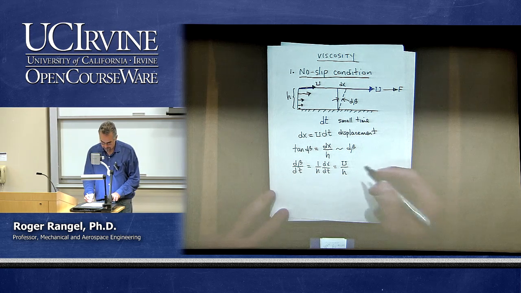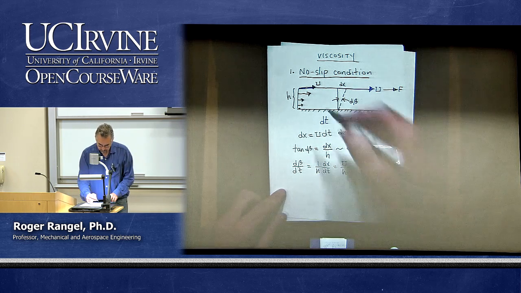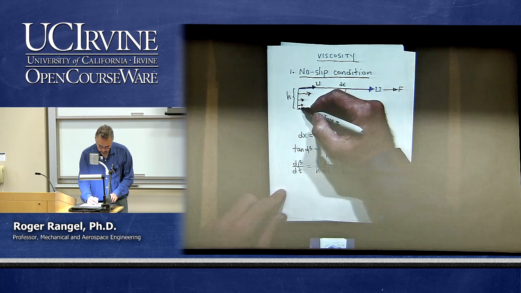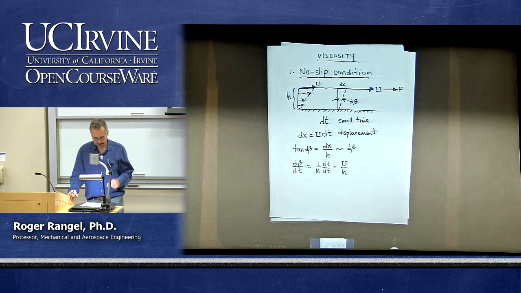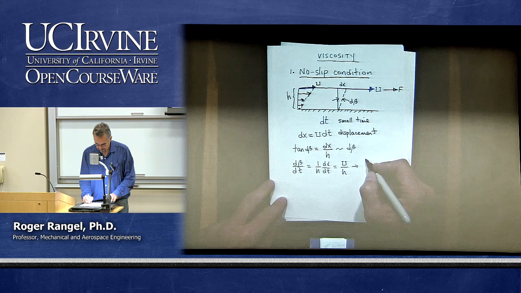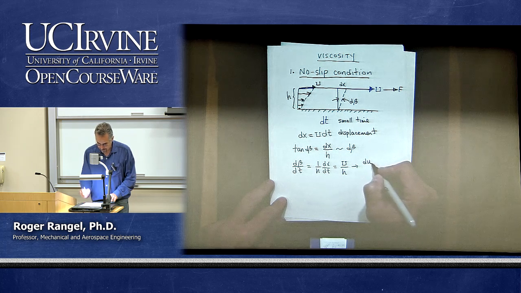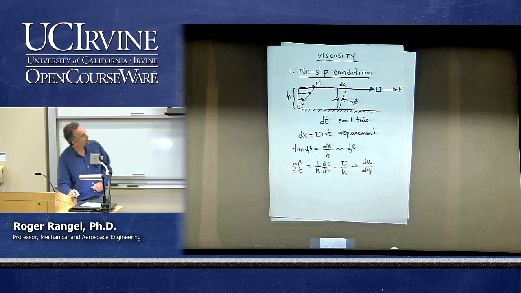Now, of course, I can approximate that to the derivative of the profile. If I were to join all of these points with a line and make an approximation that that is linear, I could also say that this is a good approximation to the derivative of the velocity in the vertical direction.